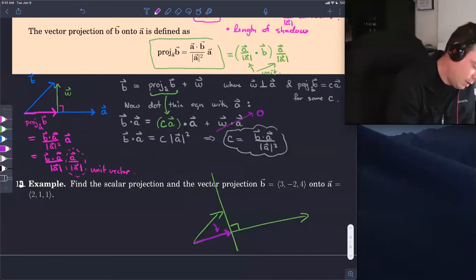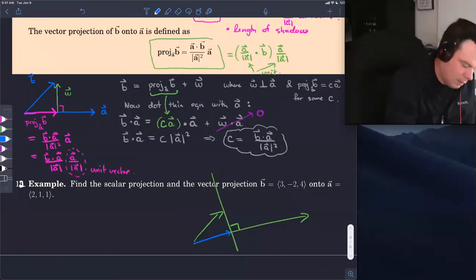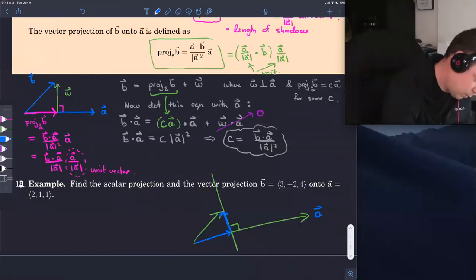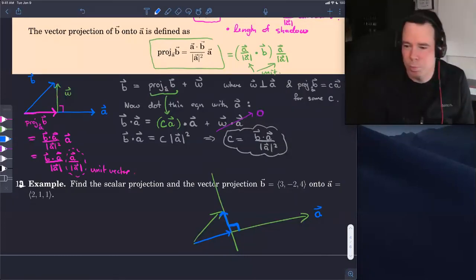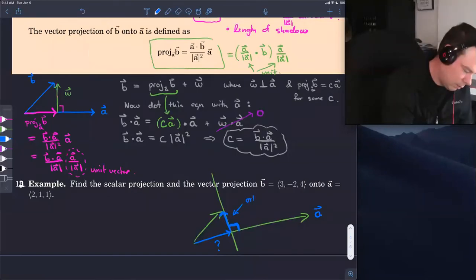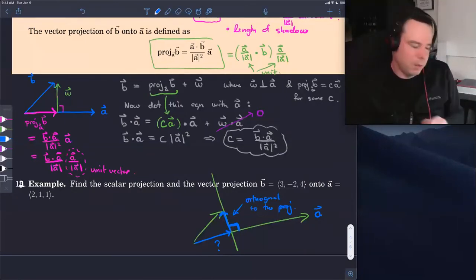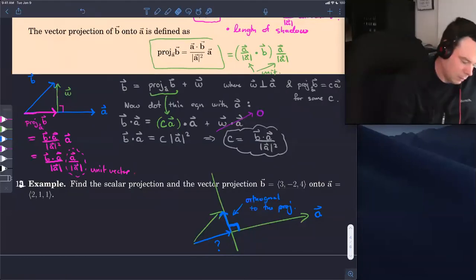Or in other words, if we decompose that green vector into two pieces, a piece that's in the direction of this vector, I'll call it A, and a piece that's normal. So it's the right angle here, that's the key part. And for the piece that's normal, what is the piece there that points in the same direction? That's called the projection. And this is called the orthogonal projection, or orthogonal to the projection. So there are two components: the piece that was projected in the direction of A and the other piece that's orthogonal to that. So good question.